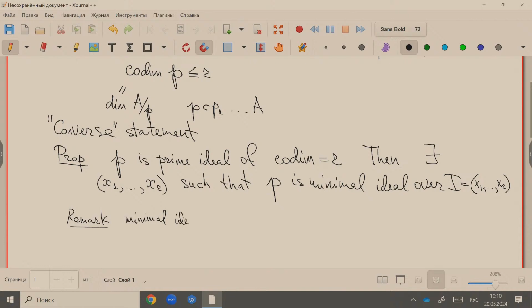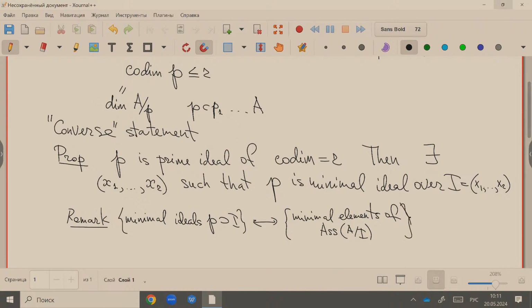They are in bijection with the minimal elements of the set of associated prime ideals of A modulo I. This was discussed in the previous class.